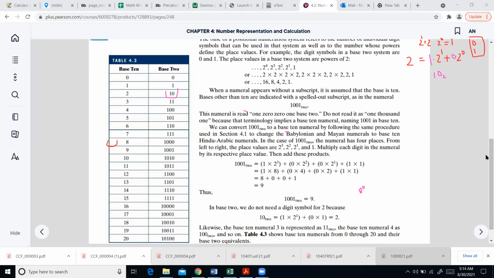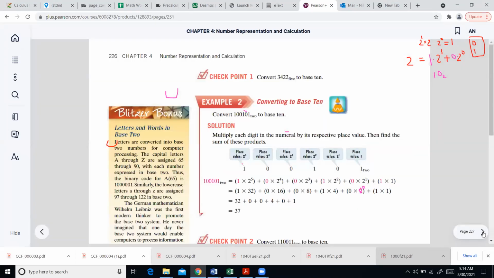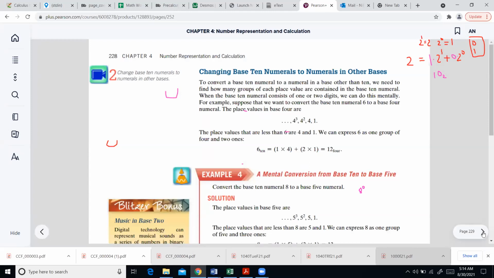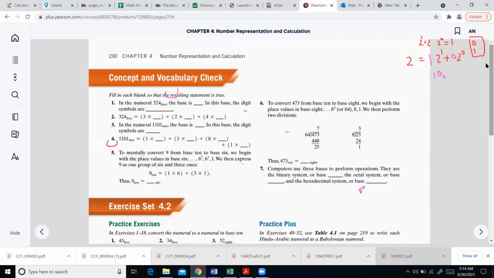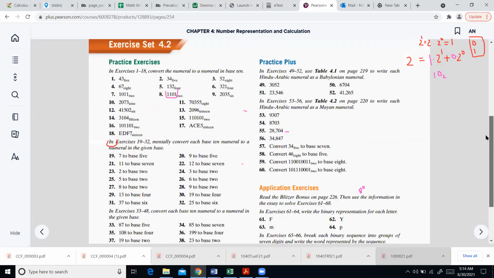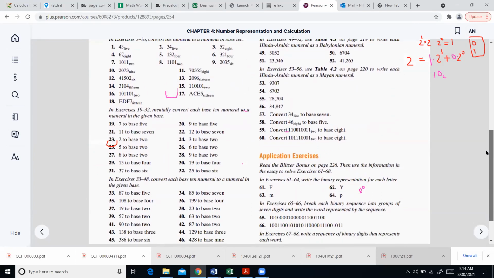And let me try one more exercise here in this section. If you have any particular problems in mind, please let me know which one you prefer me to do here on the exercise set 4.2.